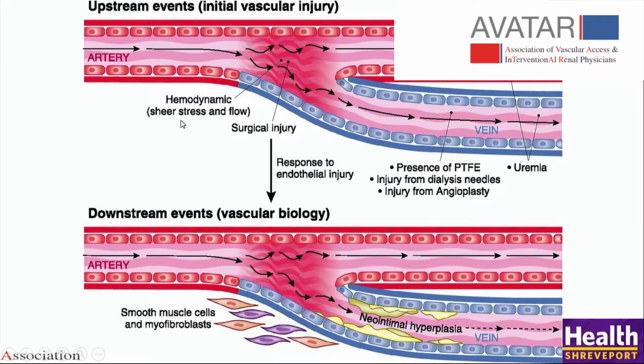But even after the fistula is created, that injury may cause some degree of smooth muscle proliferation, migration of myofibroblasts into that intimal tissue. And then there are hemodynamic factors that are constantly causing more neointimal hyperplasia, which leads to this stenotic segment.